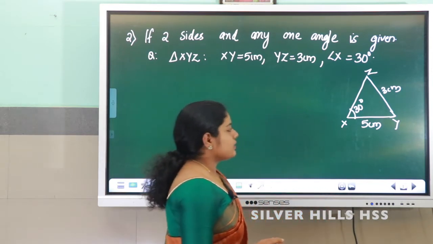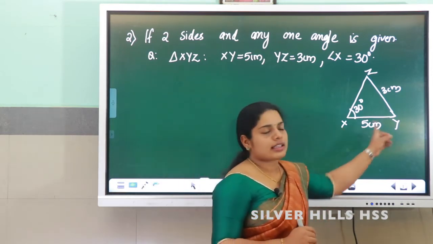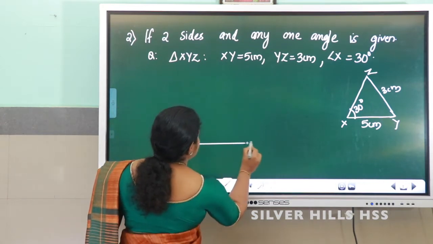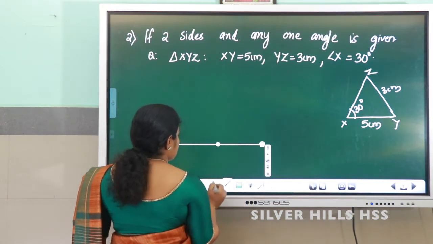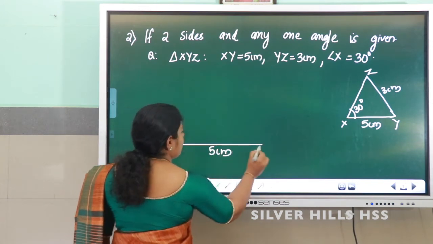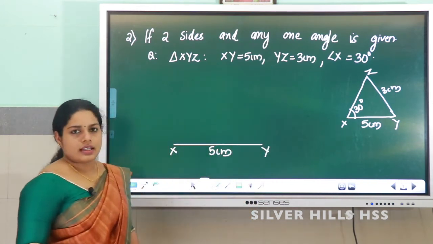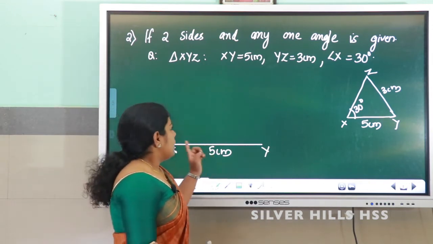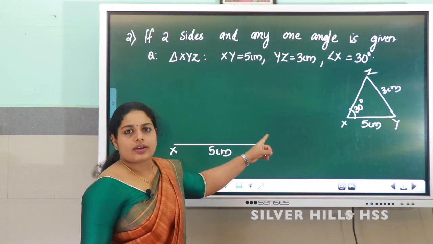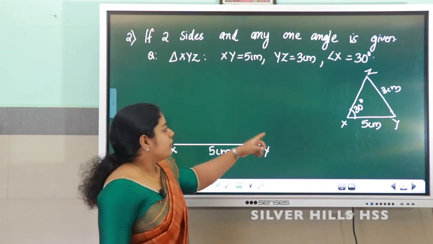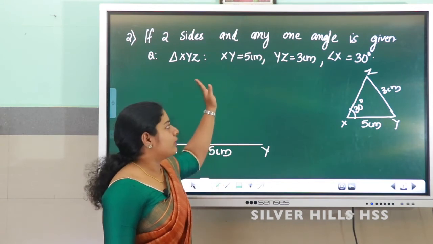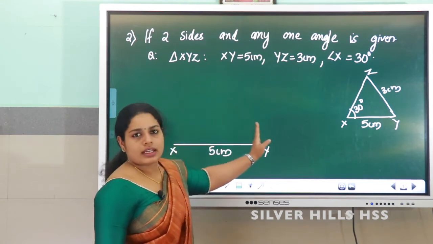First we will draw the base XY. So this is the base XY. Suppose this is 5 centimeter. Now we have YZ equal to 3 centimeter, but we cannot mark it because we do not know angle Y, so we do not know the position of the line YZ.